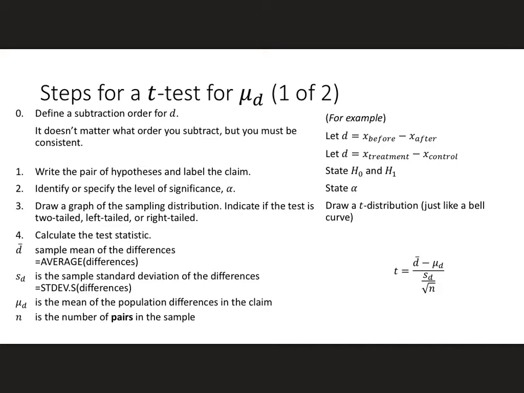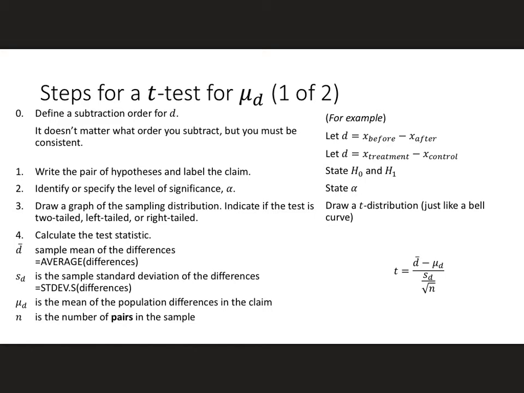So our steps here: the first thing that you have to do, labeled here as 0, because the other steps are actually not changing. The other steps are not changing, but we're just adding one to the beginning to define how we are subtracting d.